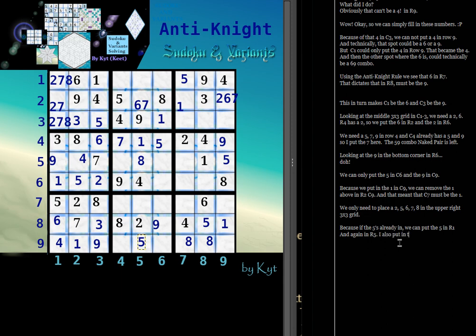Also put it in column 5, row 9, as that is the only other spot it can go, and the 5s are all in.